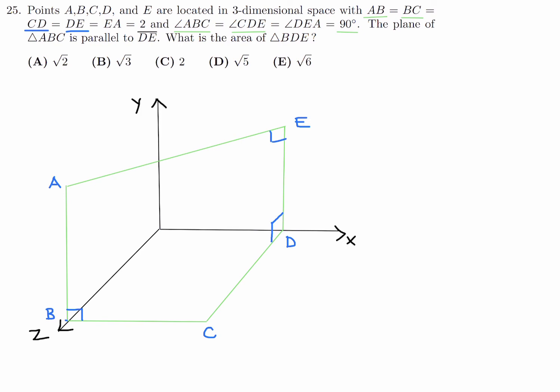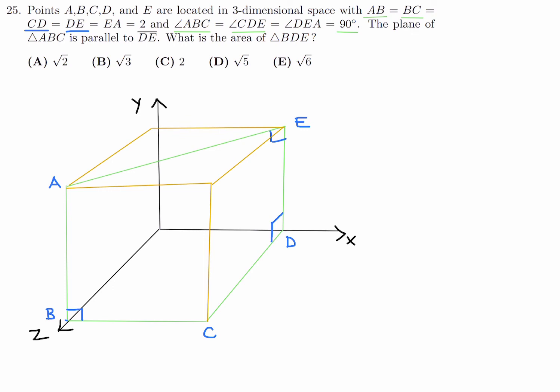Okay, looking at this, it looks to me as if this is kind of like a box. Perhaps. I don't want to get anything confusing here, but you see how this is sort of like a box? Does that make sense?